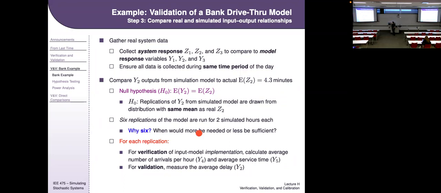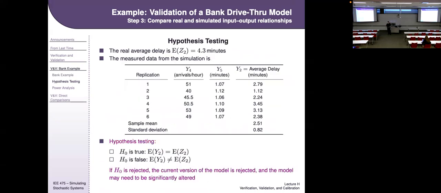For each replication, for verification, to make sure I implemented my sim correctly, I'm going to calculate the average number of arrivals per hour and the average service time, because I know what those should be, since I modeled them as my input model. Then for validation, I'm going to measure the average delay. I get a data table that looks like this. I ran 6 replications in my simulation.